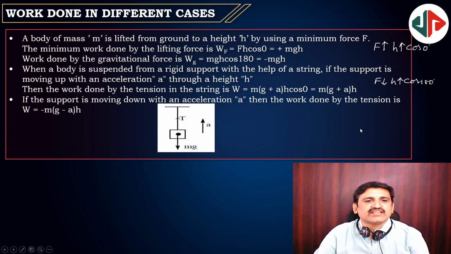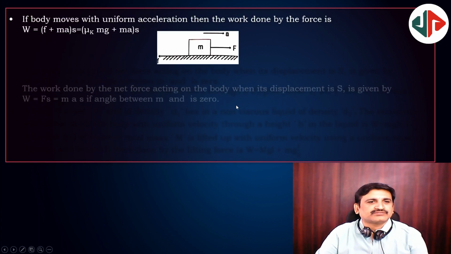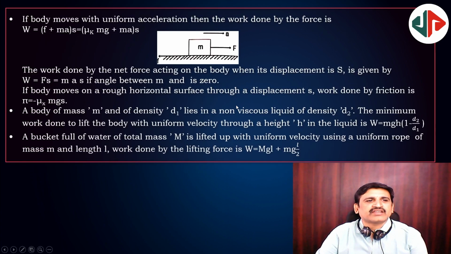Next, suppose a body is lifted up, then for work done by the tension you have to consider the net acceleration: the force is mg plus a into h for a lifted body, and mg minus a into h for a sliding body. Next, work done by friction.